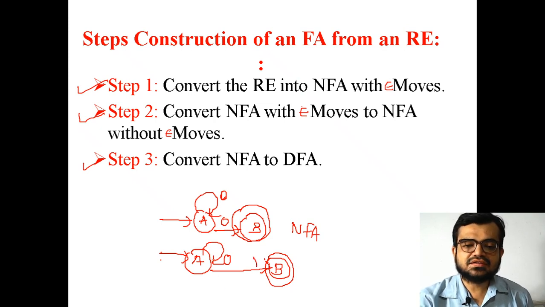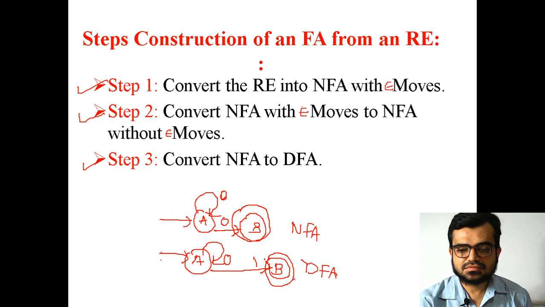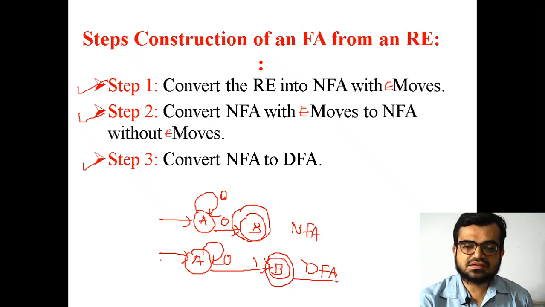Upon receiving input 0, the state will remain at A only. And in order to go from one state to another, if A receives an input 1, it reaches B. So you can see there are no multiple states for a single input. That's why here it is DFA. Okay, this is DFA and this is NFA.